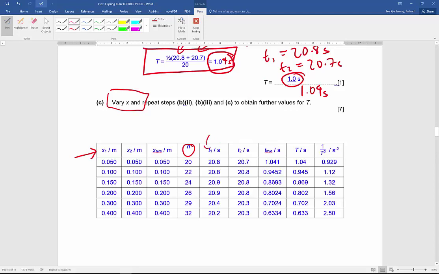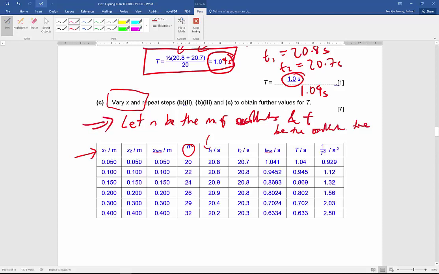That is why this sentence will help. Let n be the number of oscillations, and small t, not period, big T is period, small t be the oscillation time. This sentence must be written down. If not, you'll lose 1 mark for the heading, unless every symbol that you see in the heading has been defined in the question. Okay, so let's check on this table.